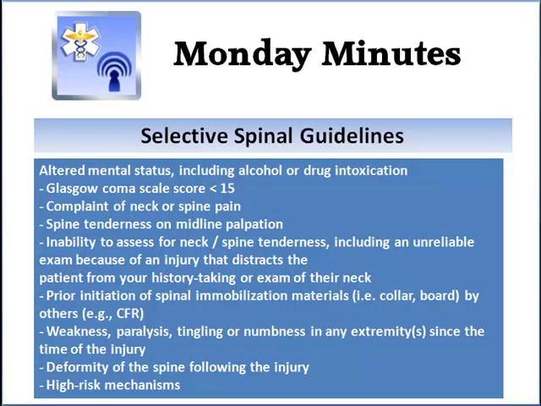Maybe spinal immobilization was already done before you get there: the patient already has a collar on, or is already on a board. Also, the patient complaining of weakness, paralysis, or tingling in their extremities, deformity of the spine, and high risk mechanisms of injury.